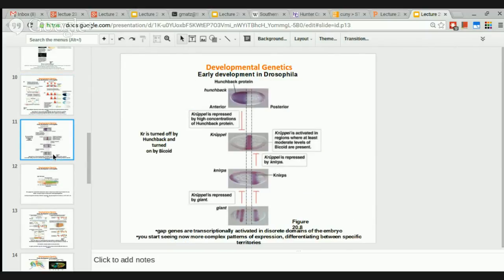We just moved a little bit into gap genes, because the first category, with bicoid and nanos, which are maternally supplied, you see how they impact the expression of downstream genes such as Hunchback, and those are the gap genes.